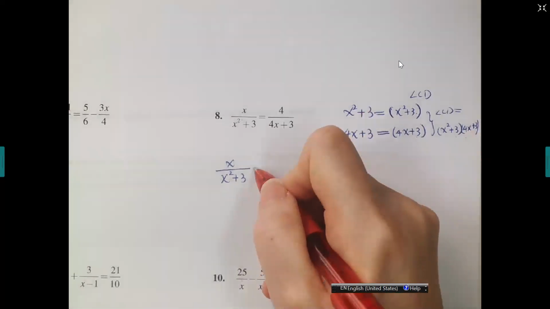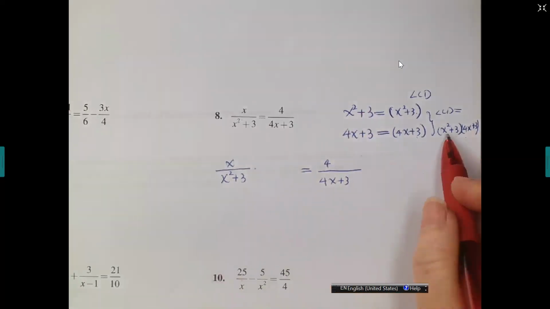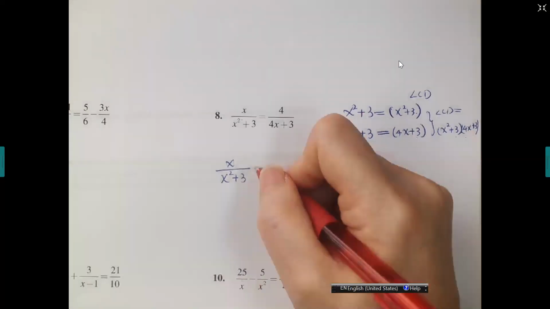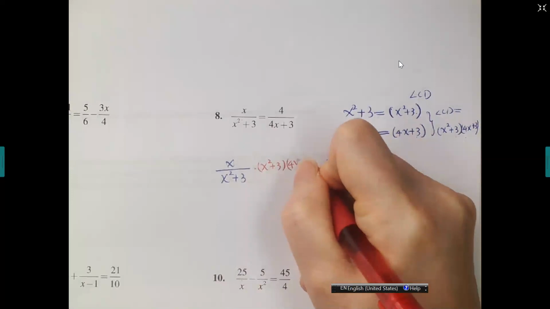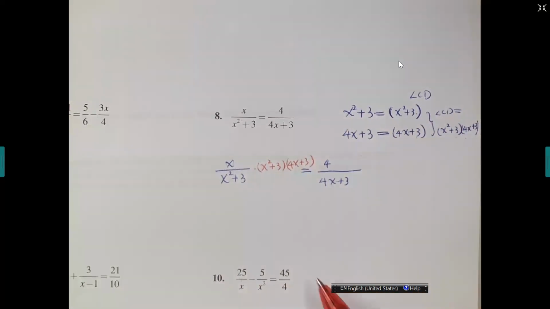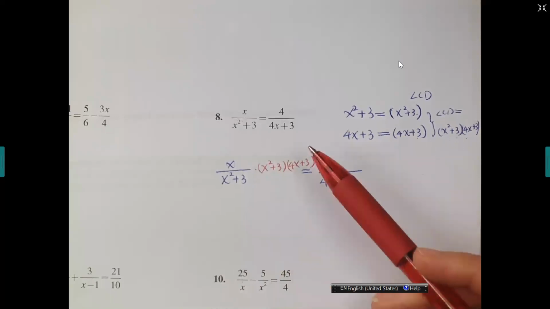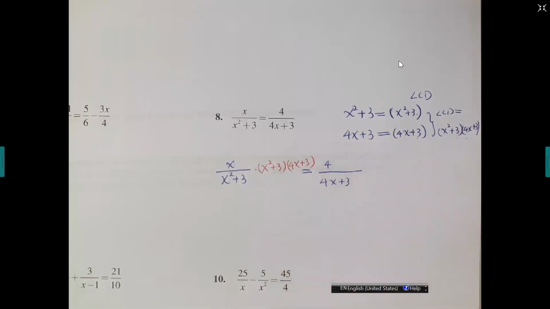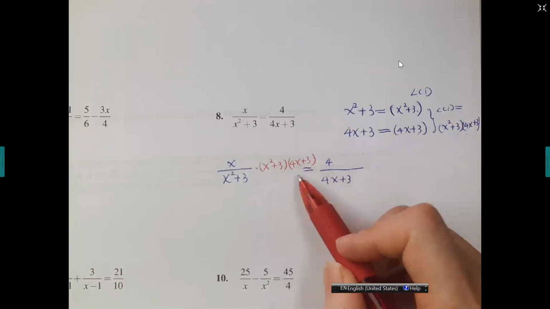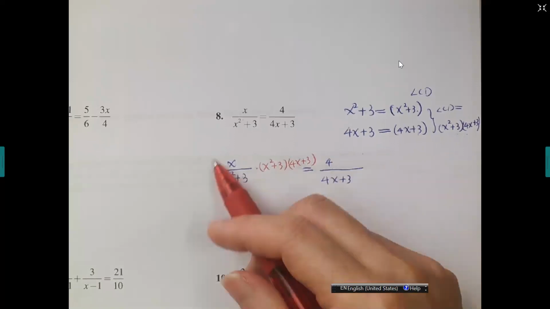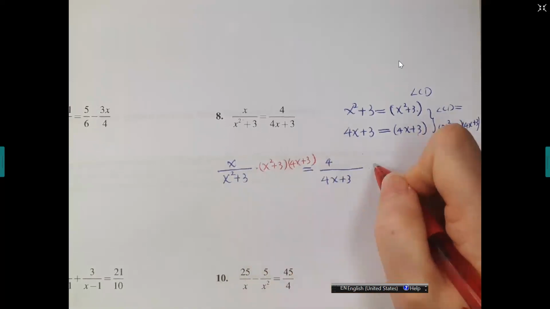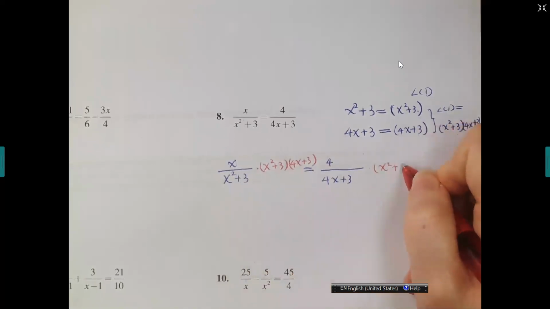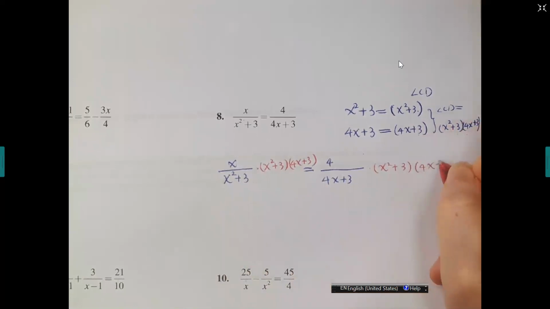So the first one, multiply by the LCD, the product of those two, x squared plus 3 times 4x plus 3. Okay, the space is not big enough. I should have left more room between the two terms, but it's okay, we can still see it. So the first one times LCD. The second one, do the same thing, also times LCD, x squared plus 3, 4x plus 3.